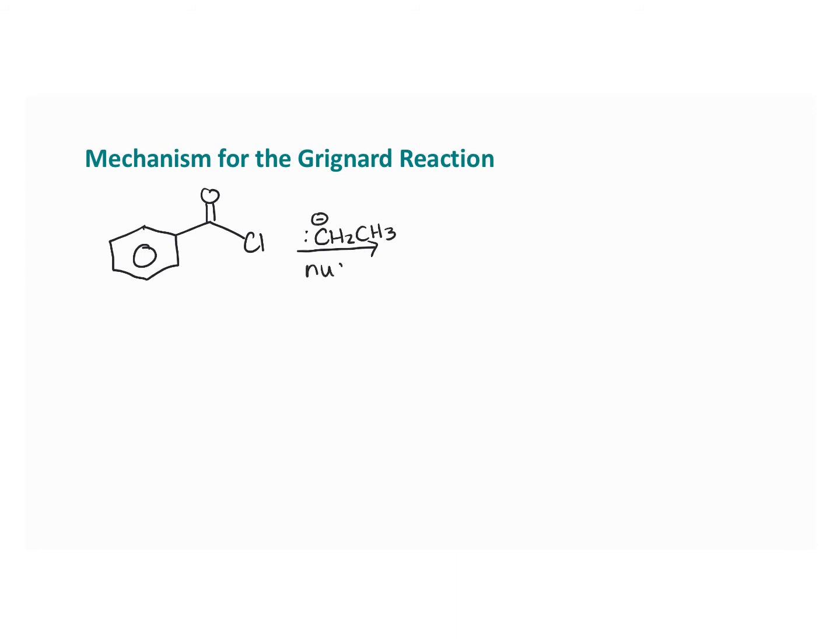And it's going to undergo a nucleophilic addition, where these electrons are going to come in and attack that, and those electrons are going to go up there. Okay, and so I'm looking back and forth and I'm drawing my product. And I see that when I follow my arrows, I have a tetrahedral intermediate.